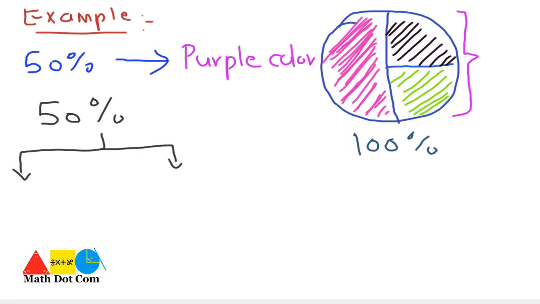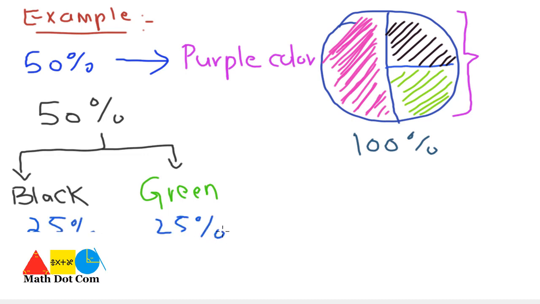What are these colors? One is the black, okay, and the other is green. And when we divide the 50 into two parts, then each portion will get 25%.